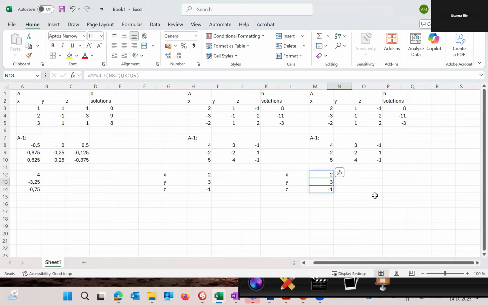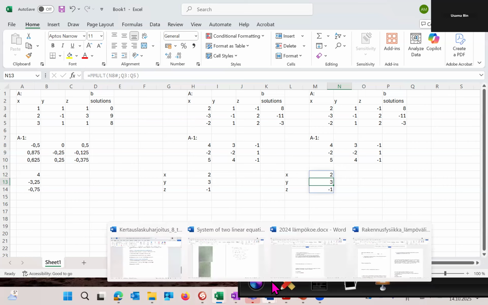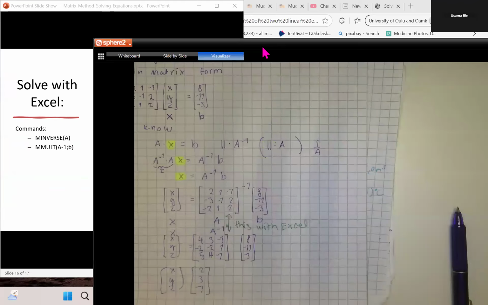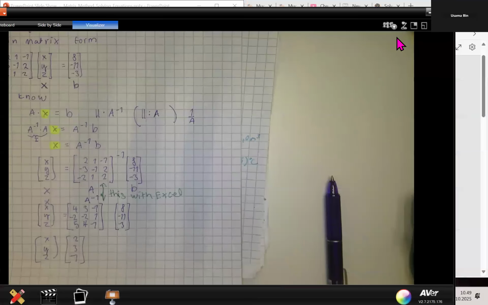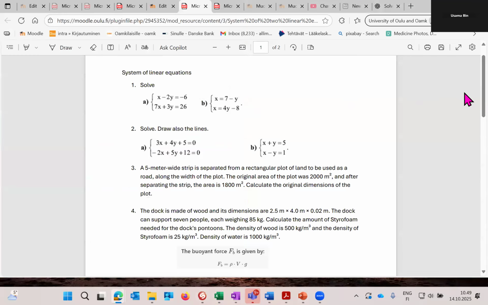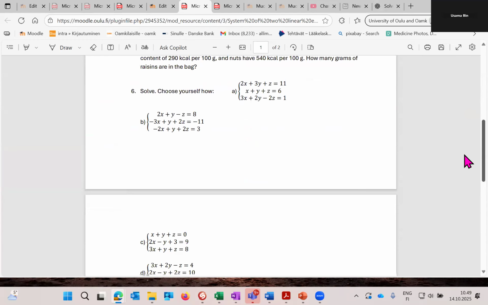Okay, so now our task only in this class is to calculate those exercises that are there. So I try to explain what we are going to do, using matrix as a tool to help us, and then solve these ones.